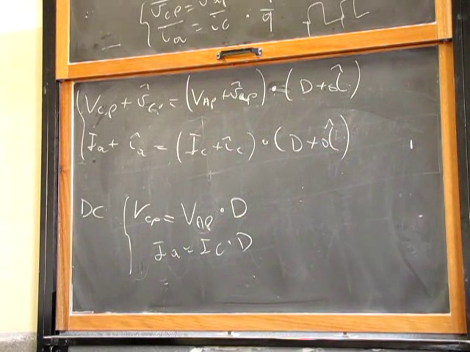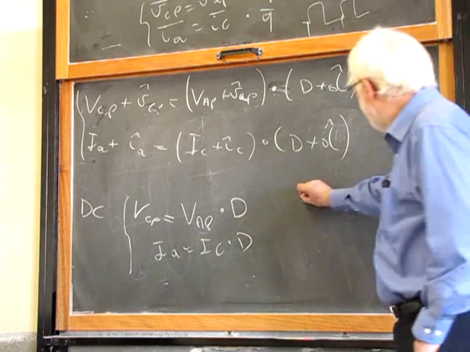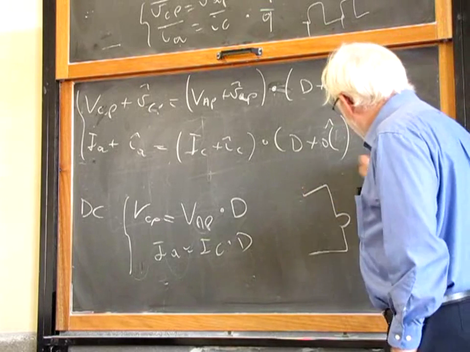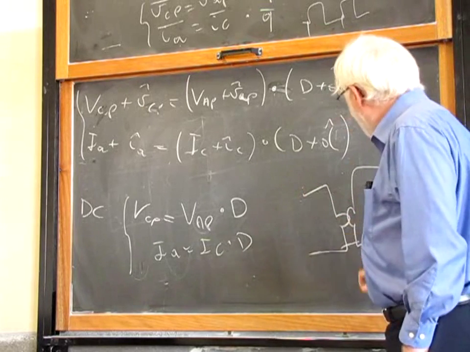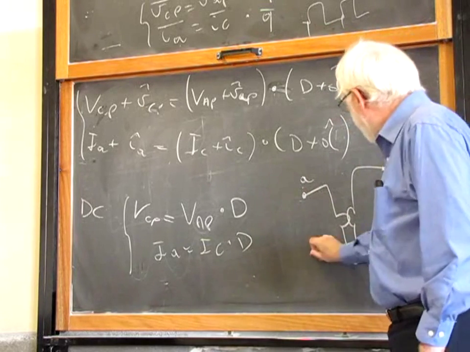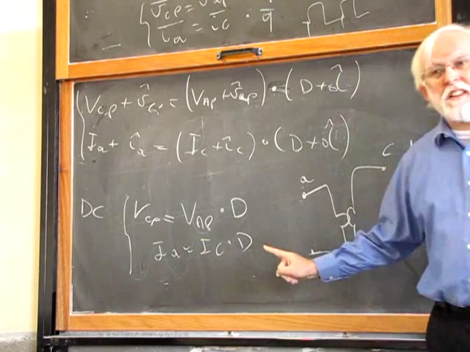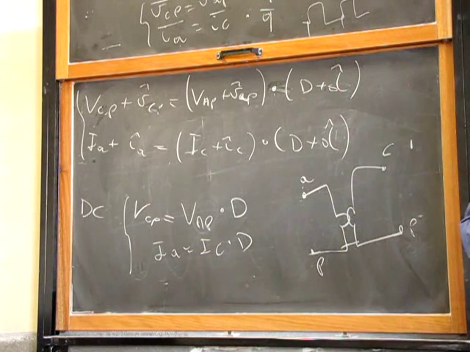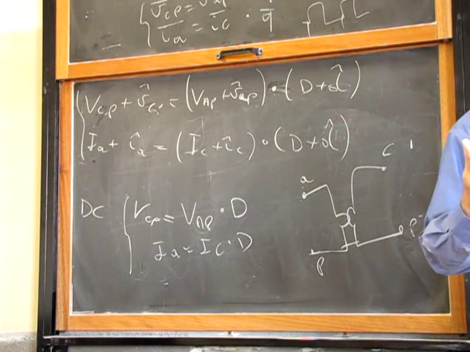Those are equations, linear or non-linear? Linear. What circuit do they represent? This is a transformer. A, C, P. This is a magic transformer that can transform also the DC components.